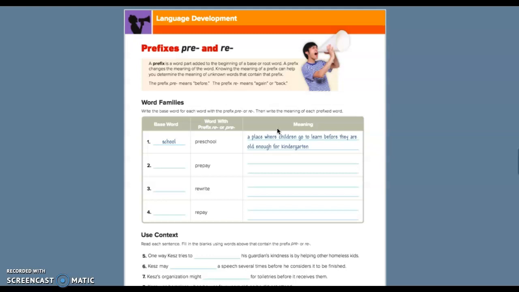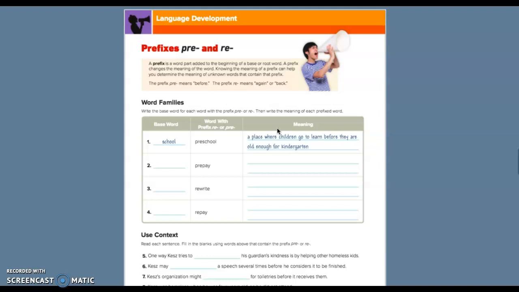Okay, so we're looking at word families. A word family has the base word, and then members of a word family can have a prefix or a suffix. Suffixes come at the end. On this specific example, they gave us the word preschool.